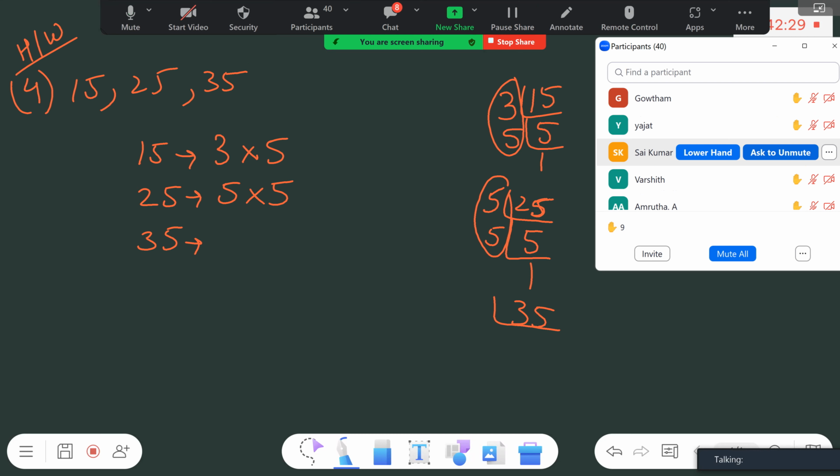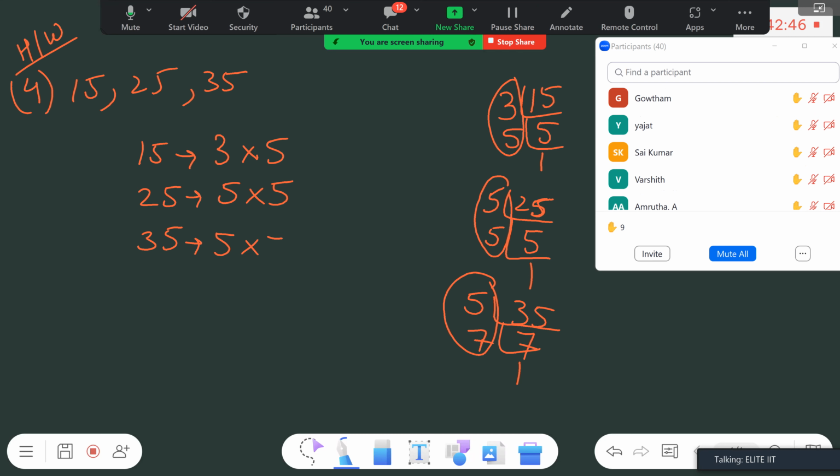So you cannot divide 35 by 2 or 3. The first prime number you can divide 35 by is 5. 5 into 7, 35, and then 7 into 1, because 7 is a prime number. So 35 can be written as 5 into 7. Now, what will be the LCM? First we will find all the common numbers.